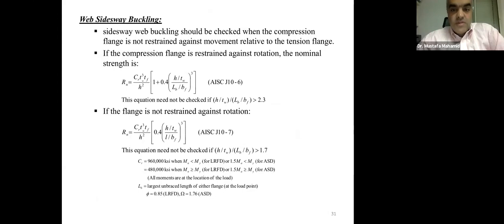They are checked using equations J10-6 and J10-7, and they depend on the depth of the member between the flanges, the web thickness, the flange thickness, the bearing length, and the C sub R factor, which is given below for different cases.